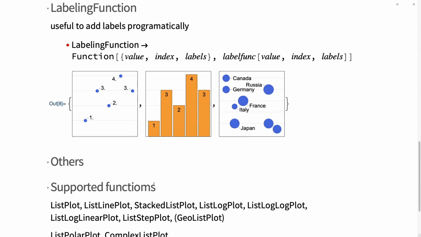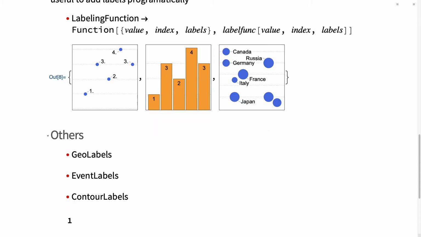For the data visualizations, they also have another option called the LabelingFunction. It is a very powerful option because we just provide everything to you, and you can do whatever you want. So it includes the values of each element, and it tells you the index of which item we are currently at.